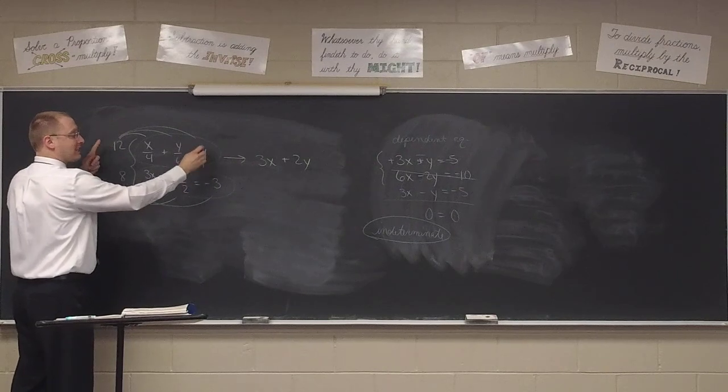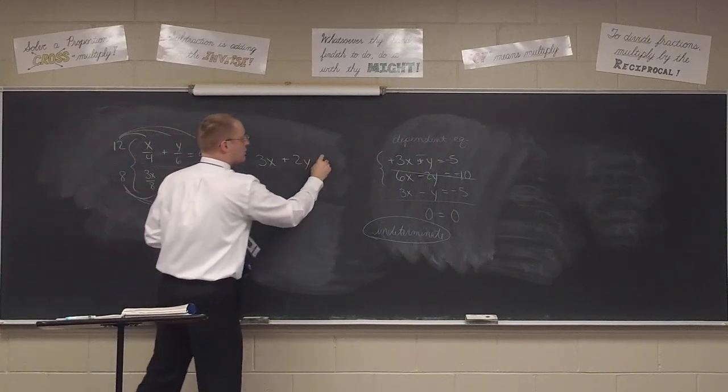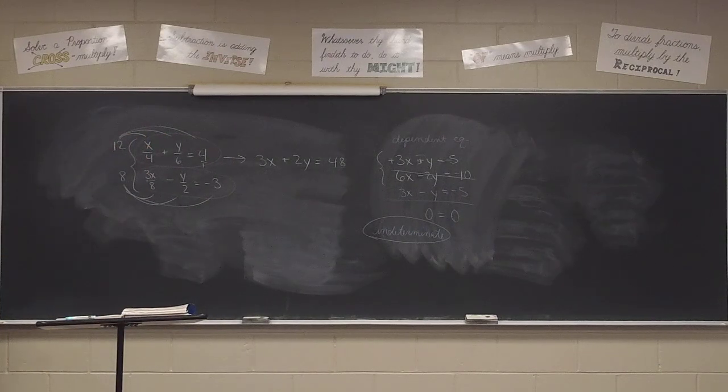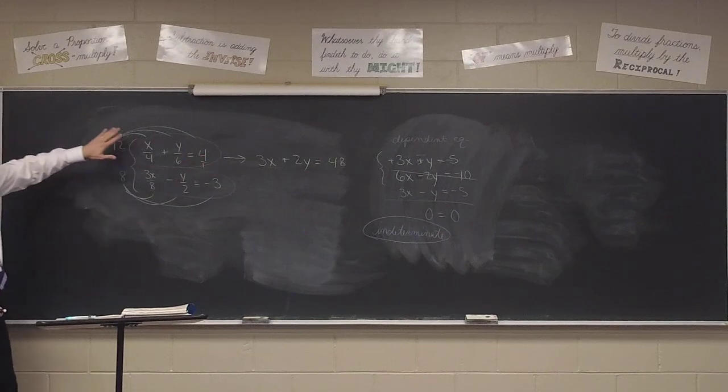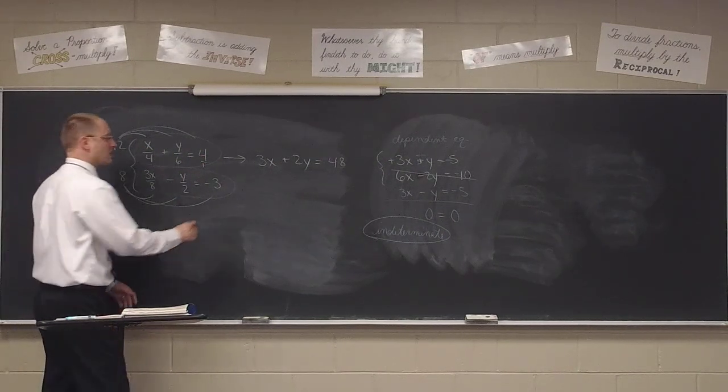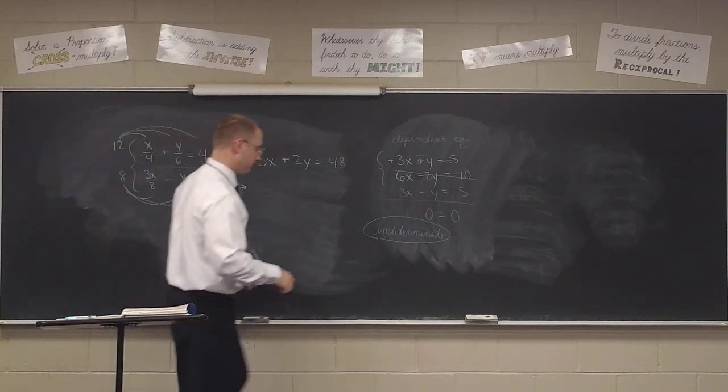12 and 4 do not cancel. 12 times 4, class, equals 48. Everything, even the 4. Just because it's not a fraction doesn't mean it doesn't get multiplied by the 12. Make sense? At your seats, multiply the 8 through the lower equation.